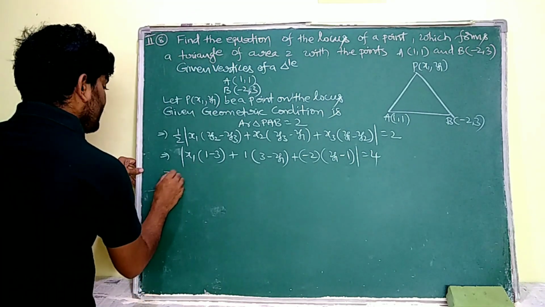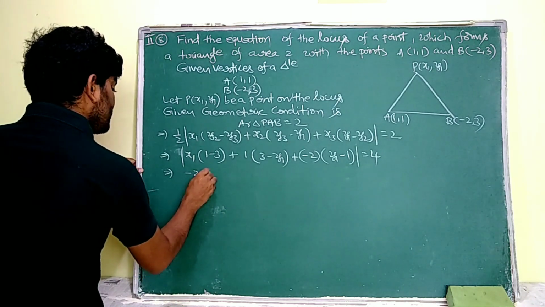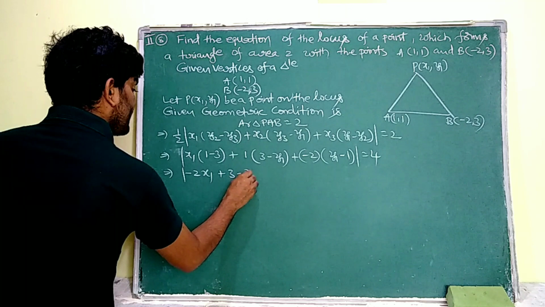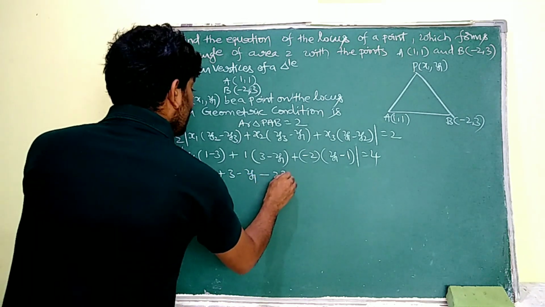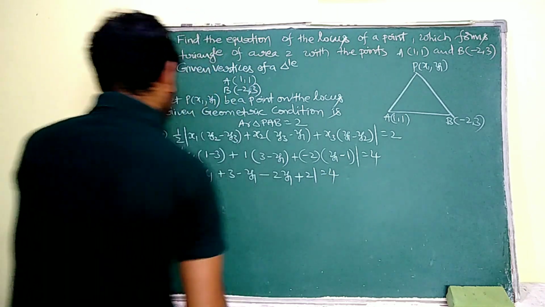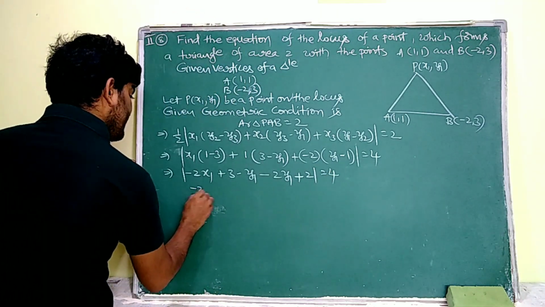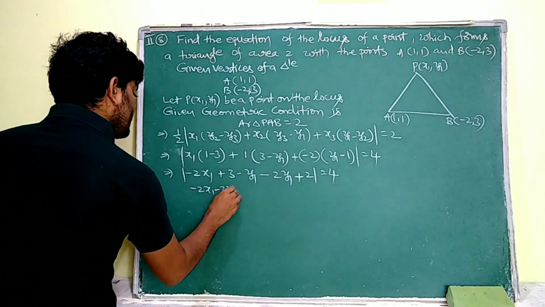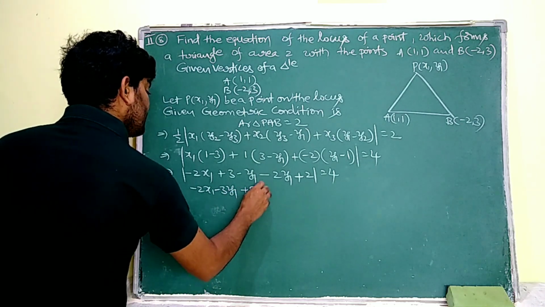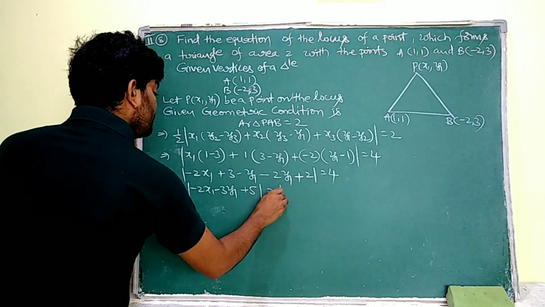Now it is minus 2x1 plus 3 minus y1 minus 2y1 plus 2 is equal to 4. That is minus 2x1 minus 3y1 plus 5 is equal to 4.